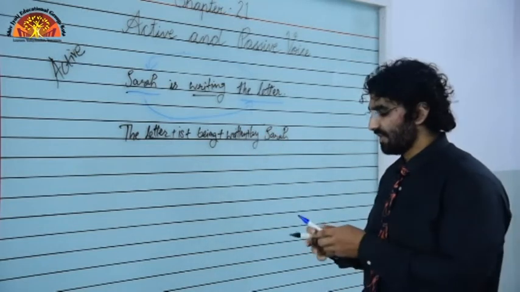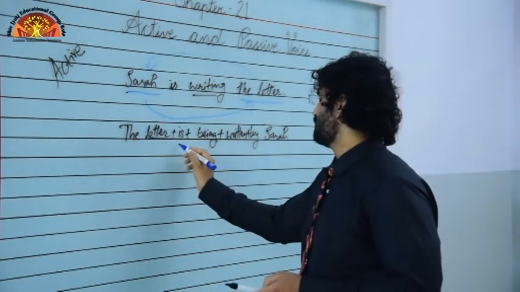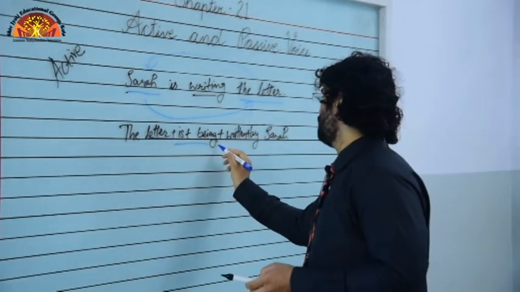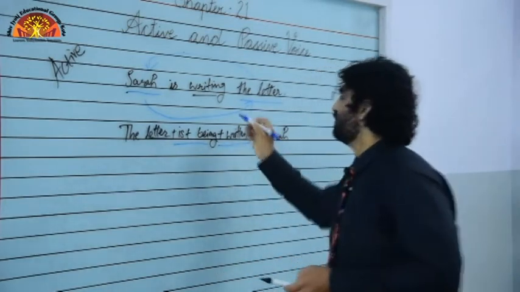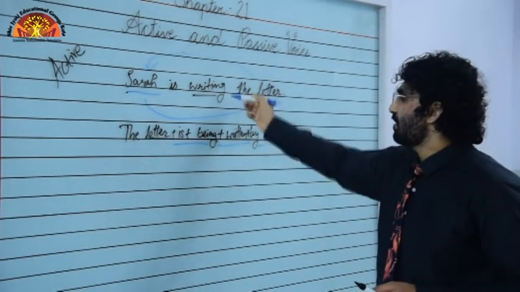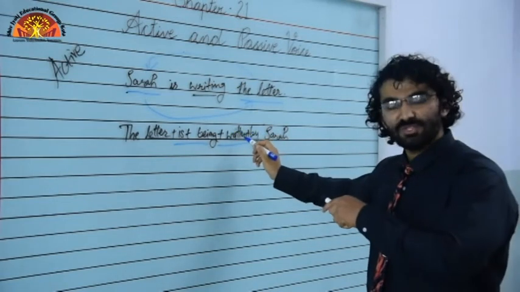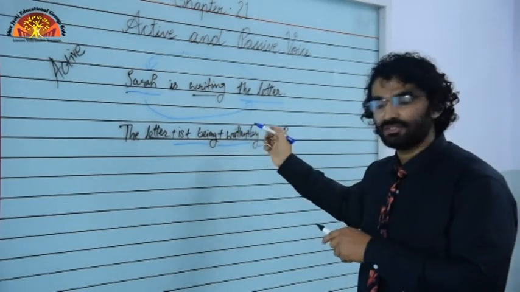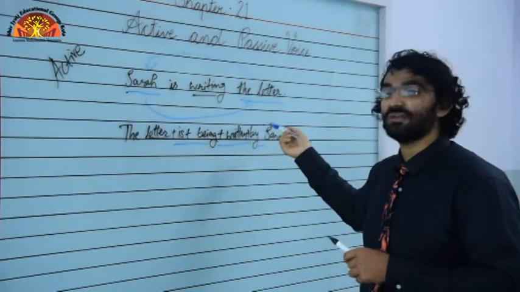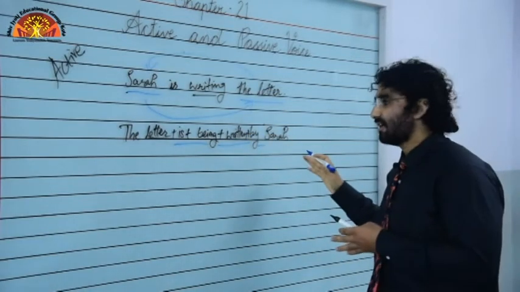So that is how we have done it. We have first interchanged the places, then we brought in the helping verb, then we replaced the ing form with being, then we added the third form of the verb, past participle, then we have added by, and that's how it has been done.